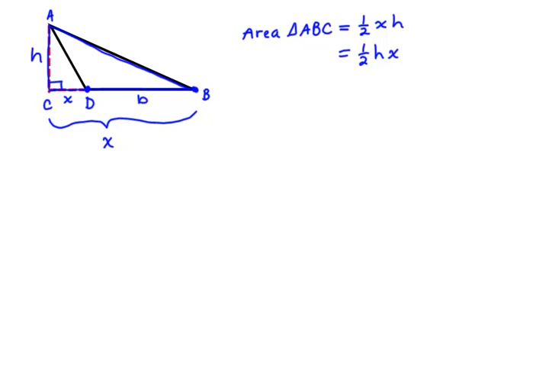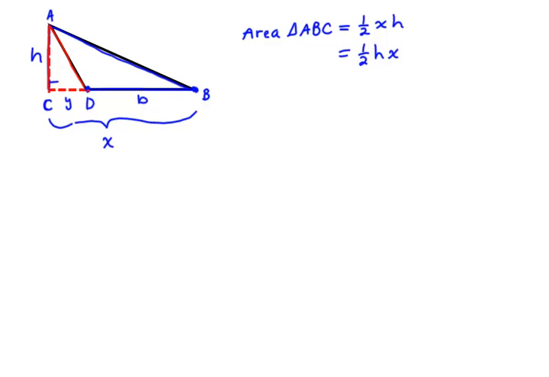Okay, now what I'm going to do is I'm going to look at my little right triangle, which is right here. And I labeled some stuff wrong. That can't be an X, so I'm going to make it a Y. There we go.